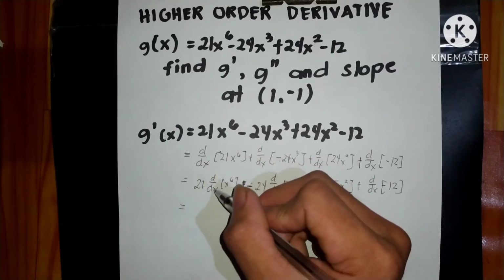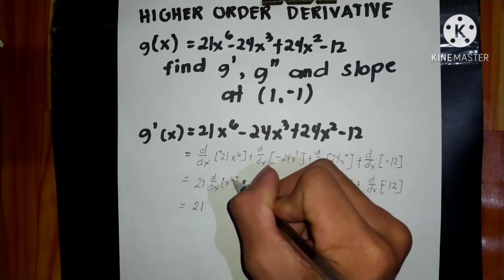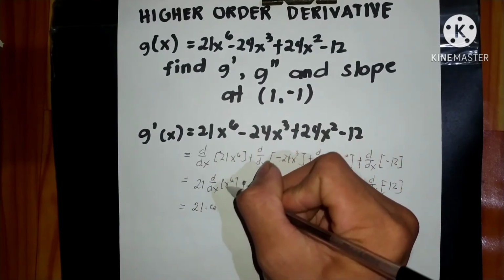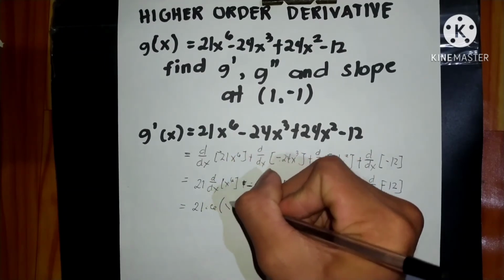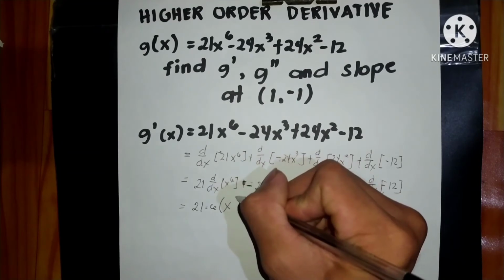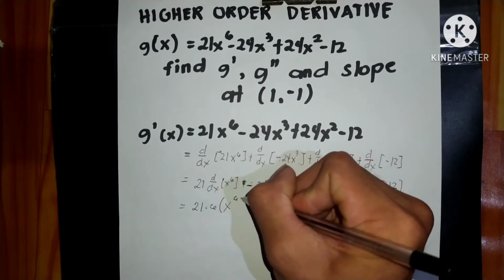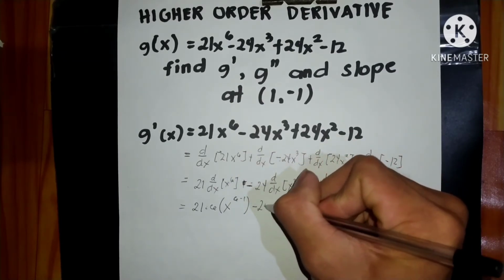I-differentiate natin siya using power rule. 21. So, ang exponent niya dito is 6. So, 21 times 6. Then, just simply copy this variable x. x, then 6. Ang sabi dito kanina, n minus 1. So, 6 minus 1.